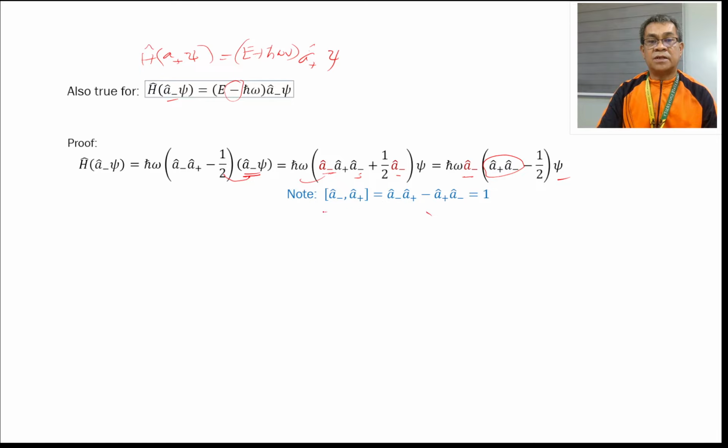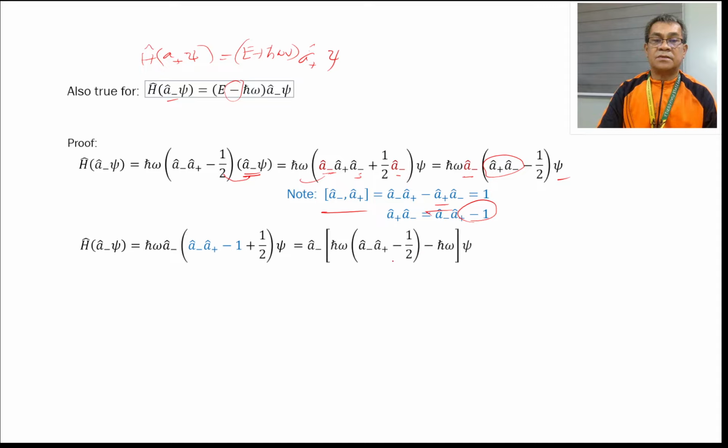So again, we have this one. Then we can replace that by solving this, and we have this minus one. So we have minus one plus one half. Again we have this minus. Then distribute again and we have this result.